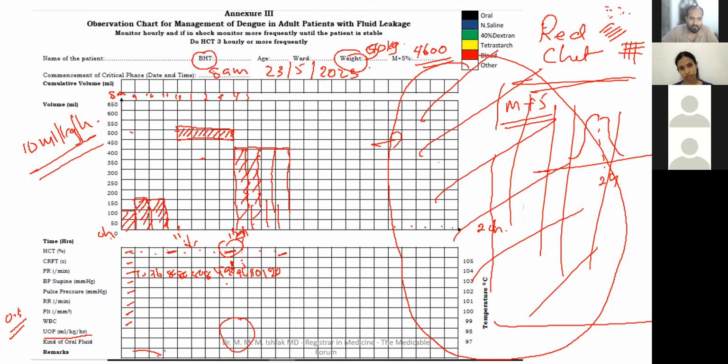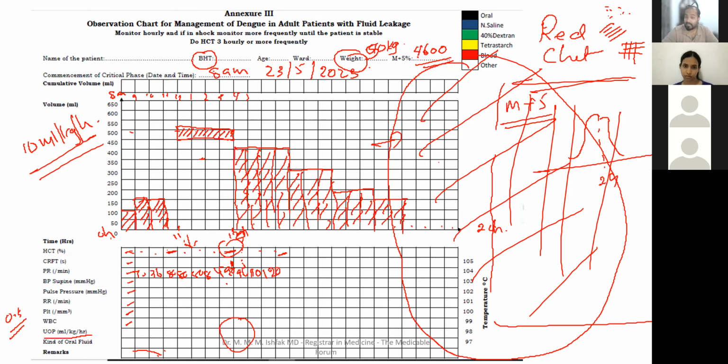So 1 hour, 2 hours, 3 hours, 4 hours. For 4 hours you have given this amount of fluids. Then you give another 3 hours of this fluid like this. Then finally you come down another 3 hours, and finally to basic.